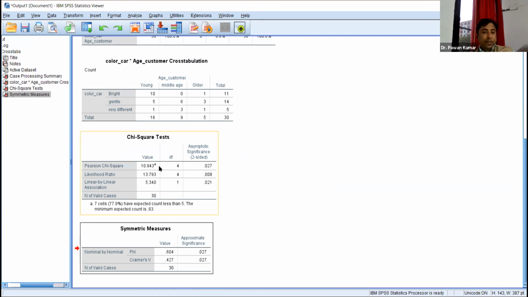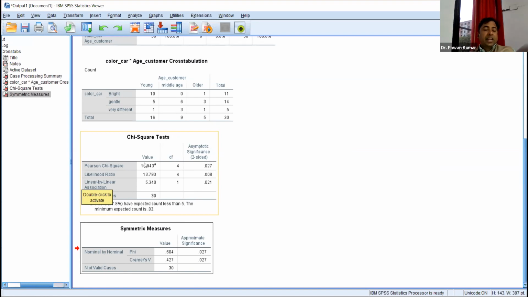The minimum expected count is 0.83. In the Pearson chi-square value, you are going to take the decision on the rejection or the acceptance of the hypothesis from the 0.027.